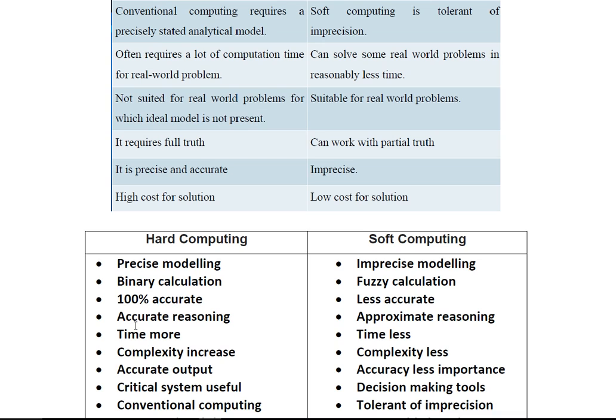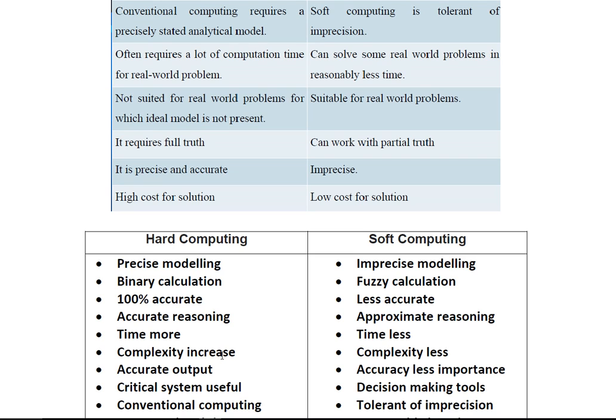Accurate reasoning means that in this method we need accuracy, that's why accurate reasoning should be there, whereas in soft computing it does not need an accurate answer, that's why approximate reasoning is needed. The computational time is more in hard computing, or we can say the time to create a model is more; in soft computing, creating a model takes less time because it keeps on improving.